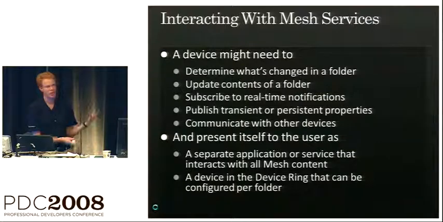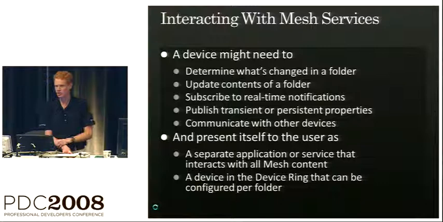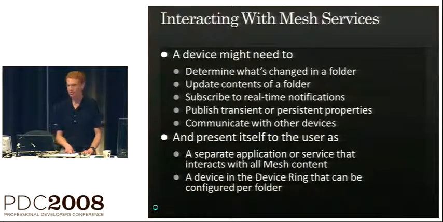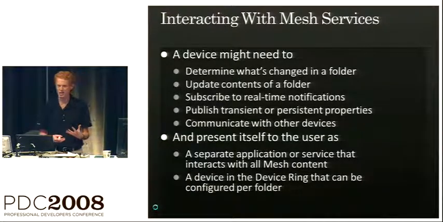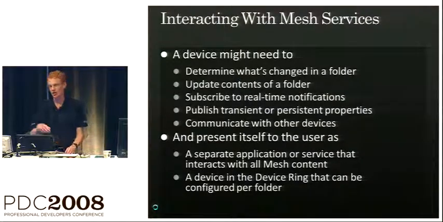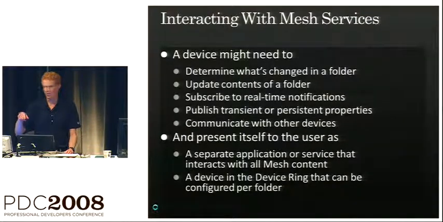And I'll give you one example there, as we talked about before, on that processing unit called a transcoder, right? A device, if you have a device in your mesh that's doing transcoding of photos, I don't really think it makes sense to show up on the device ring. I'm willing to have a conversation about it, but my guess is that users don't really want to see a transcoder on their device ring. They don't want to see every time they go to a folder, gee, should I synchronize the transcoder with this folder or not?